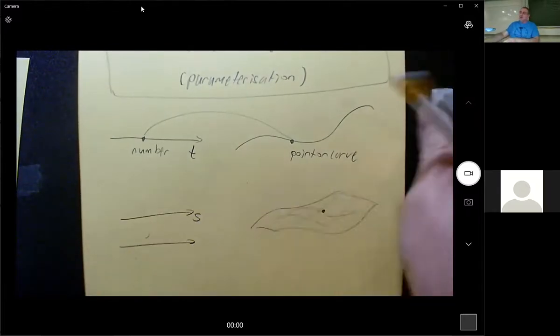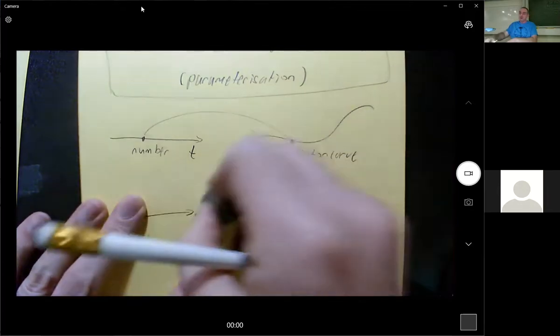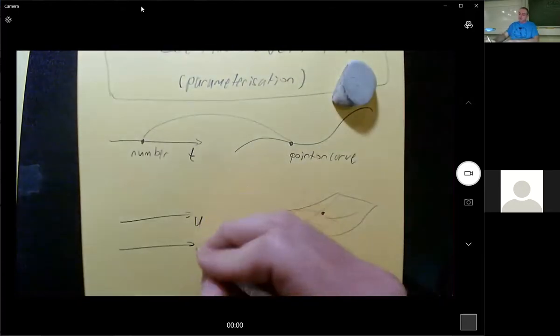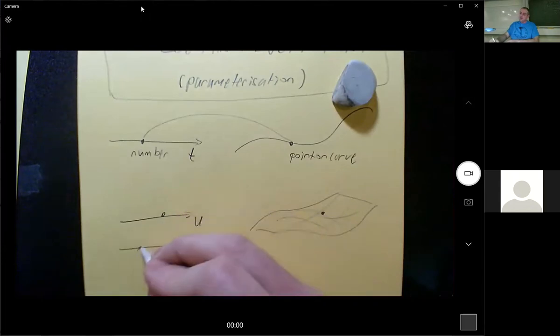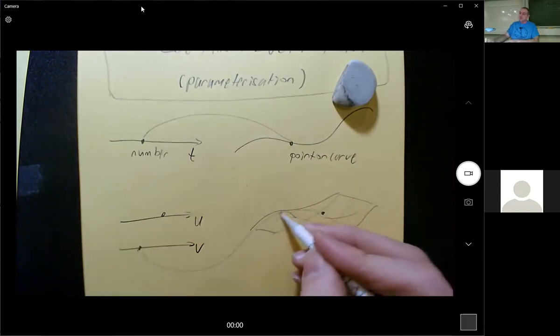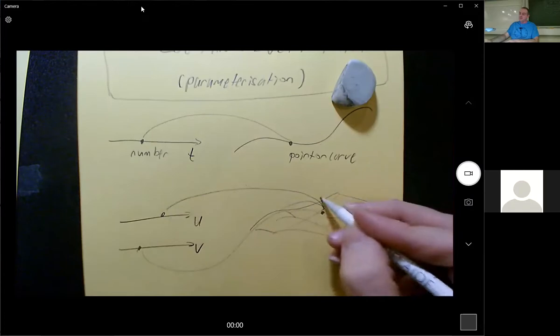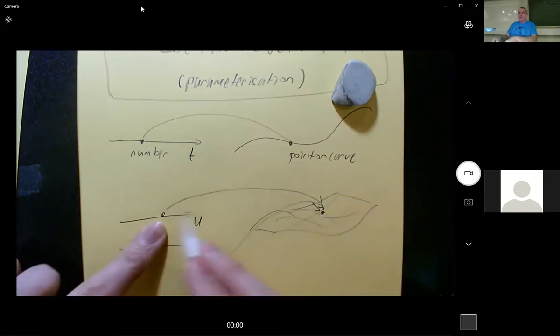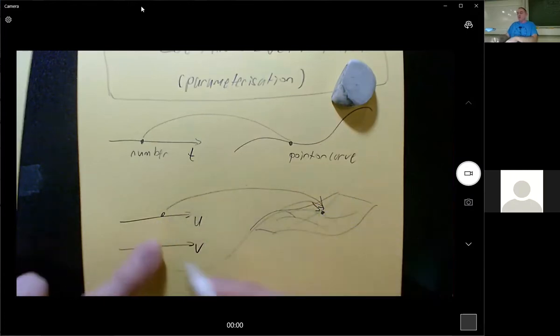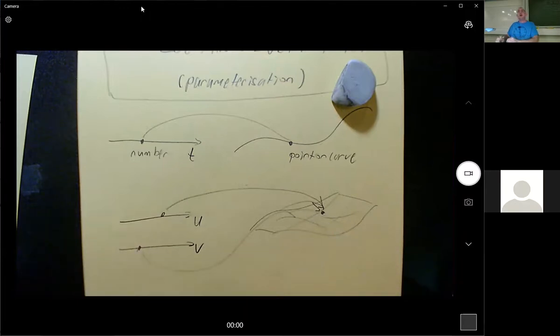Often they're called U and V, I think. And this combination of those two numbers will produce the point on the surface. As I move this number, then this point will move. If I move this number, this point will move. They'll move independently.